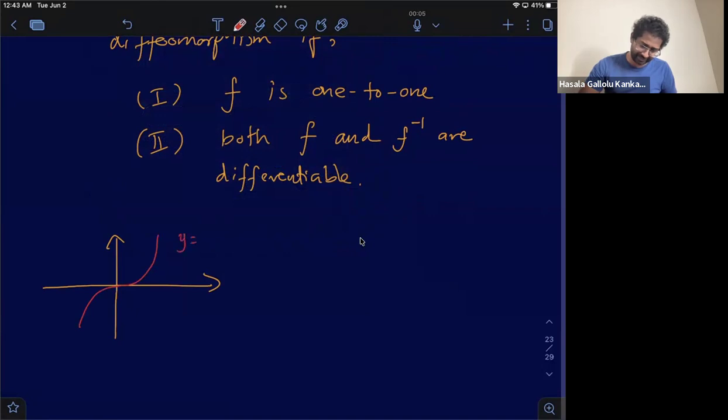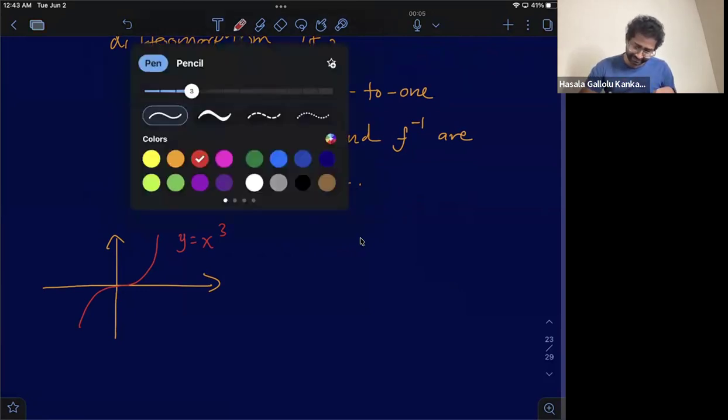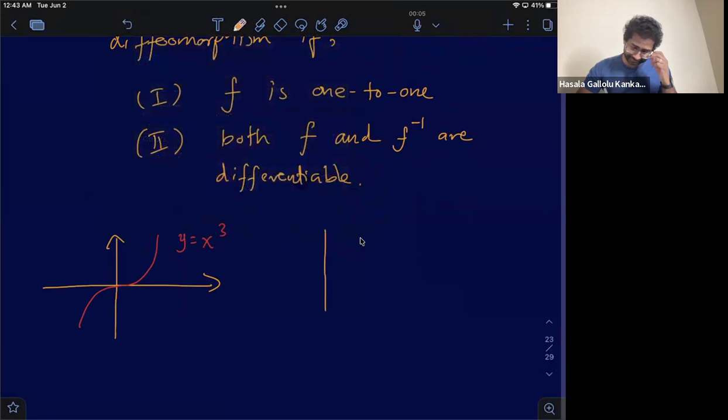So y equals x cubed, a very nice function and everything is fine. But the problem is this: when we try to invert this, don't forget the inversion is none other than the third root, right? So it's going to look like this.